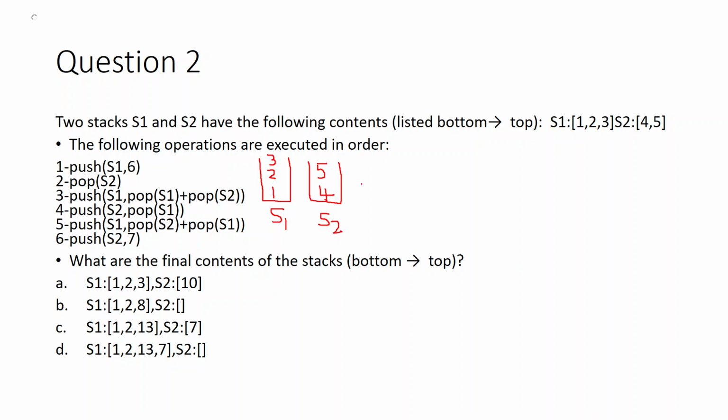Next, we need to do all the operations one by one. So first, push 6 onto the stack S1. After executing the first operation, the stack S1 looks like this: 1, 2, 3, 6.